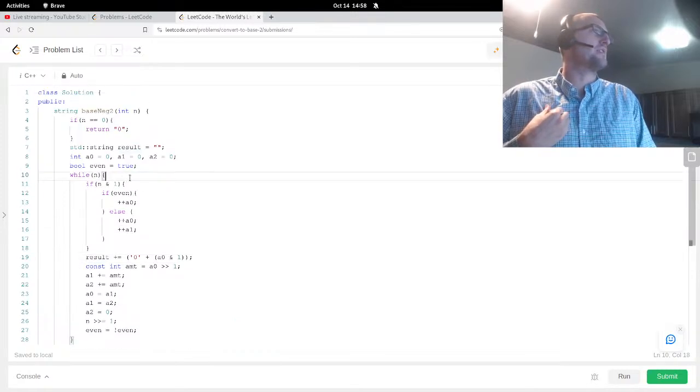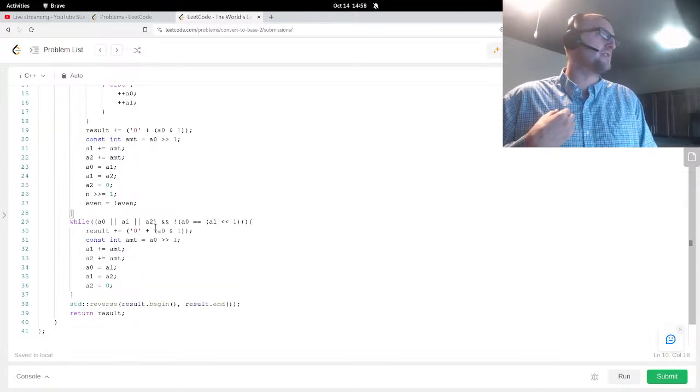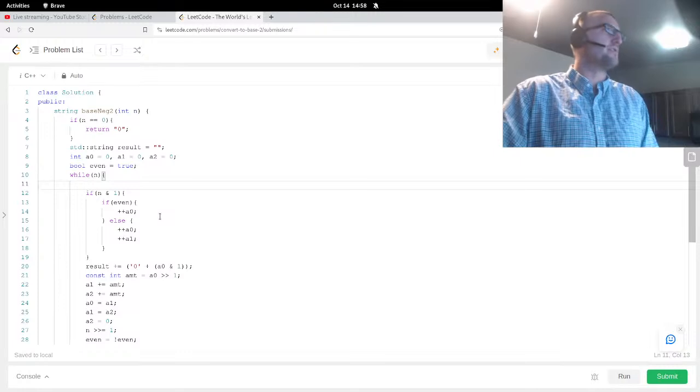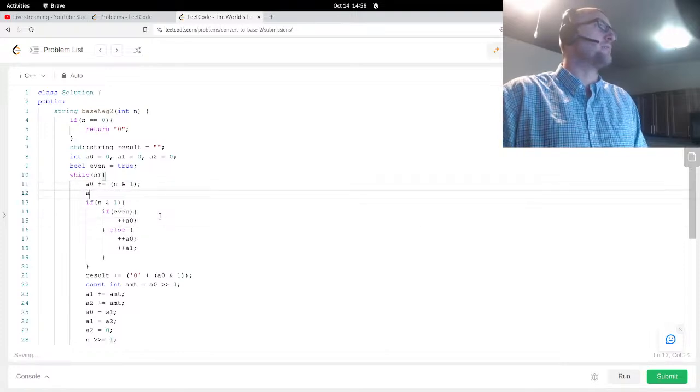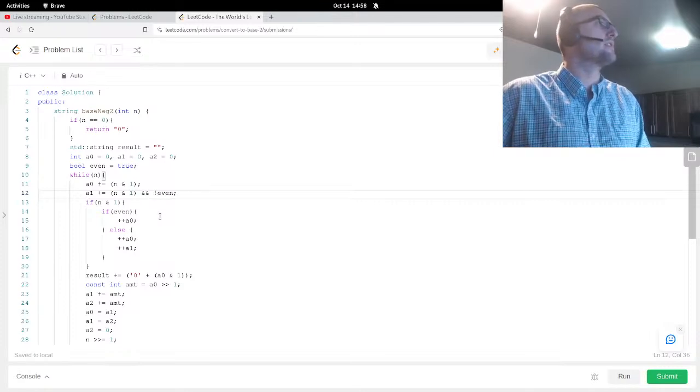Could also actually optimize this slightly. So A0 plus equals n and 1 and even. And actually, A0 is just always going to be incremented by this, right? And then A1 is plus equals this and not even, right?